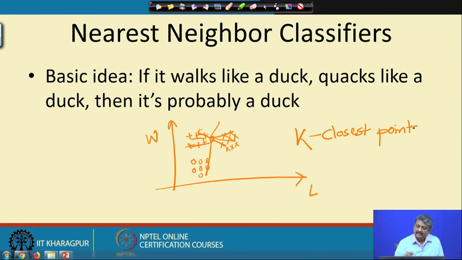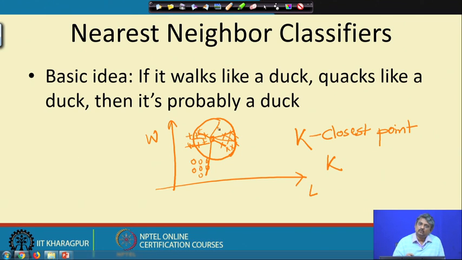Okay. And I call this set of k points, because I am sorting them and finding the kth closest point, and draw a circle which includes these k points.